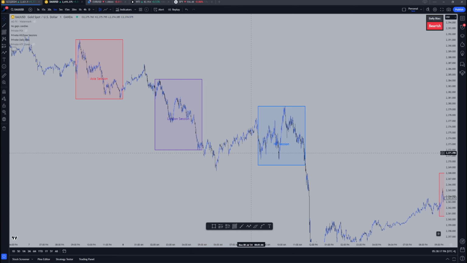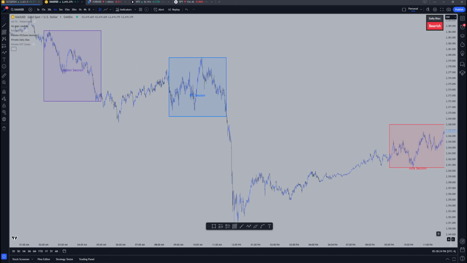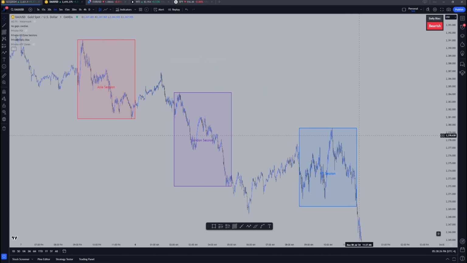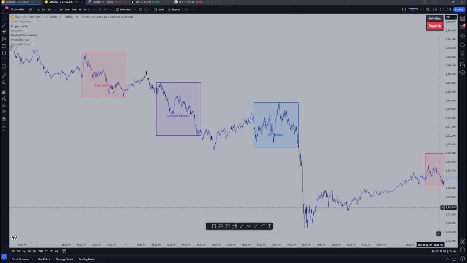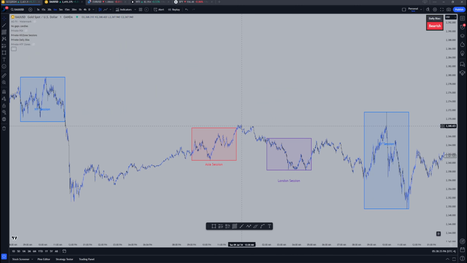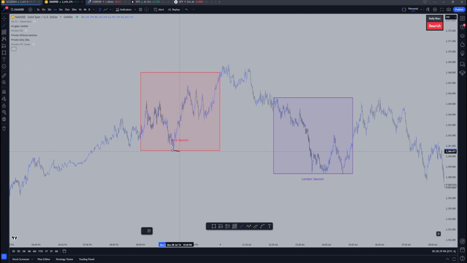The London session low here previously already got taken out. The high also did not get taken out, but price did not come back for it. So you can see that when price does not take out the previous session during your session, it tends to range a lot more like this. Here is a pretty good example of something untapped.